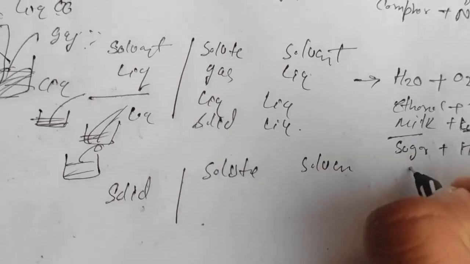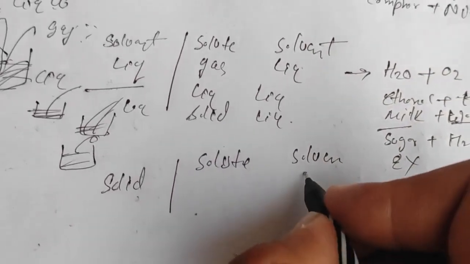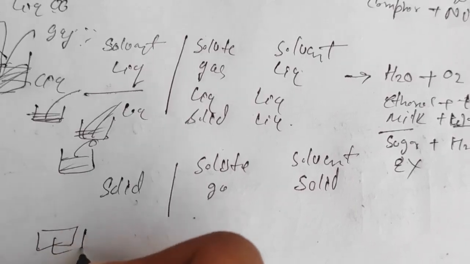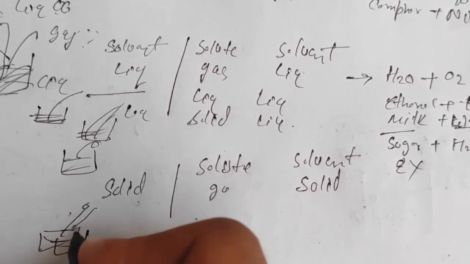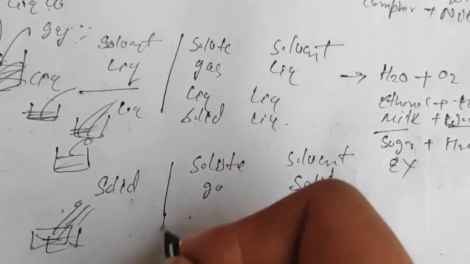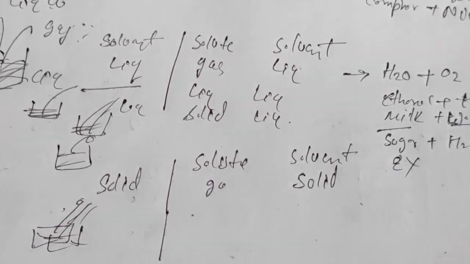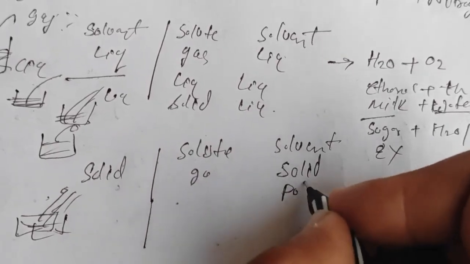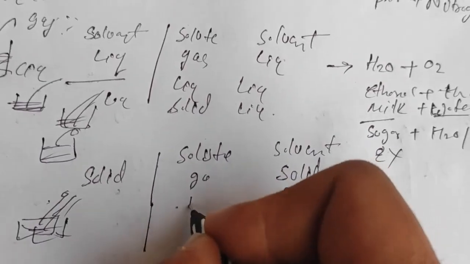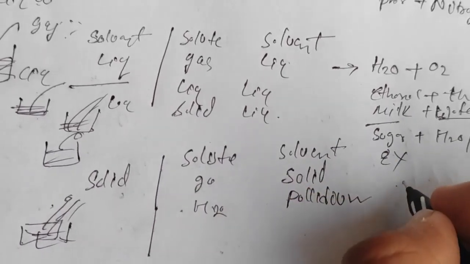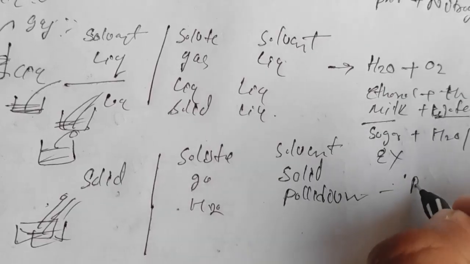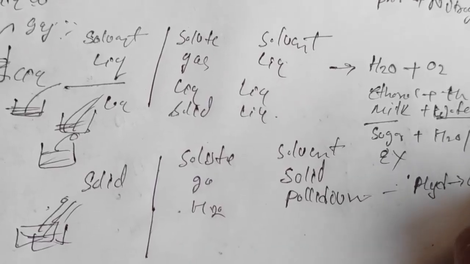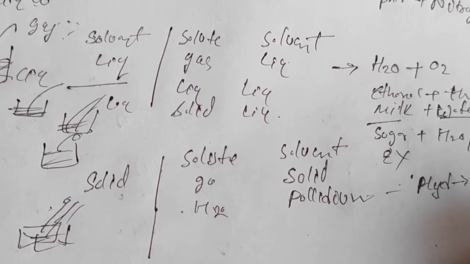Now the solvent in solid form, and we use gas as solute. We have a large amount of solid and we add gas molecules into it. For this we use palladium as the solvent and hydrogen as the solute.